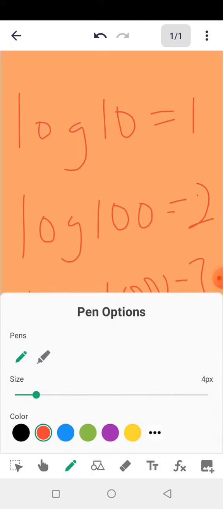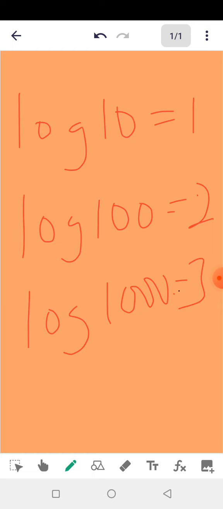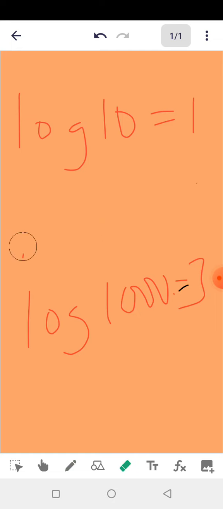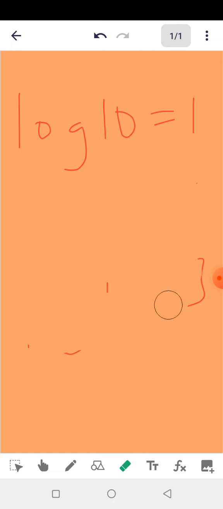So you see, if you look at it very well, you will observe that 10 raised to power 1 is 10. 10 raised to power 2 is 100. And 10 raised to power 3 is 1000.